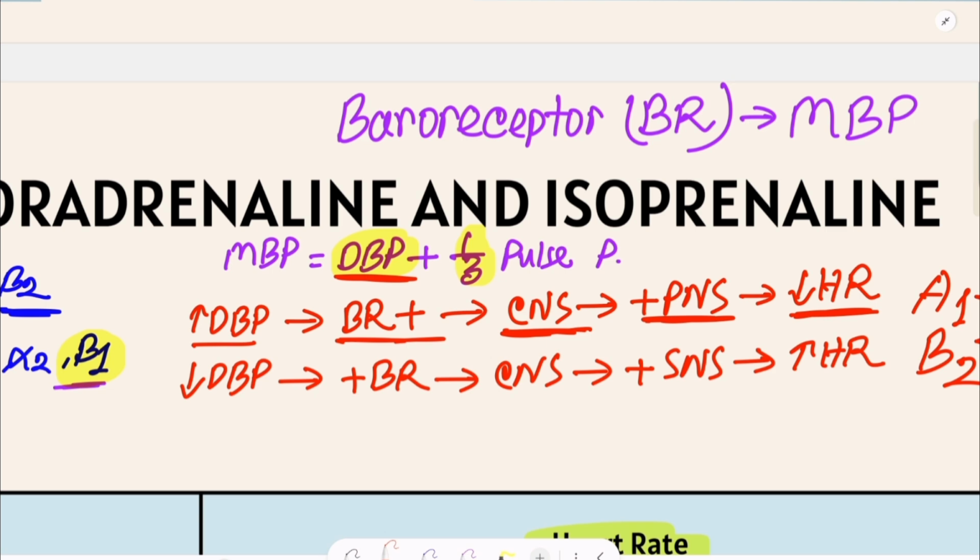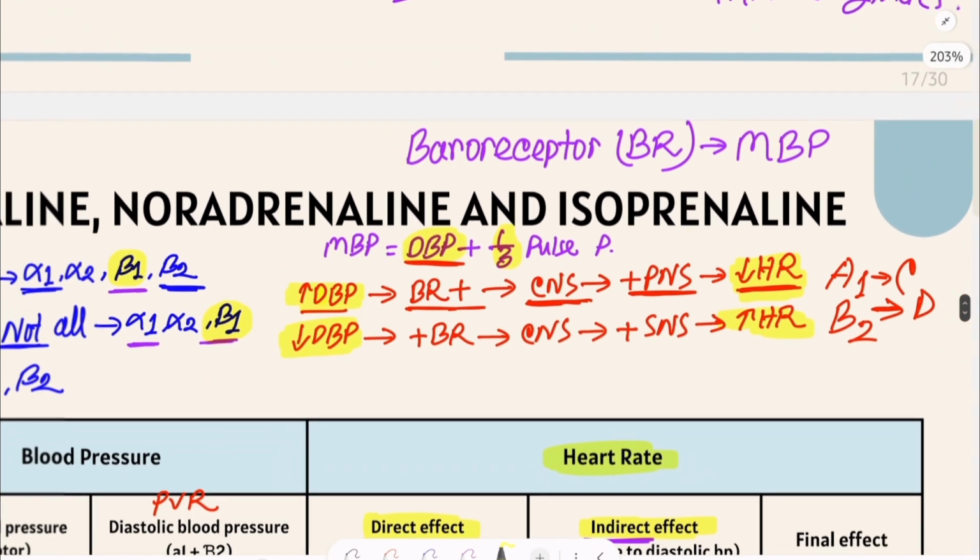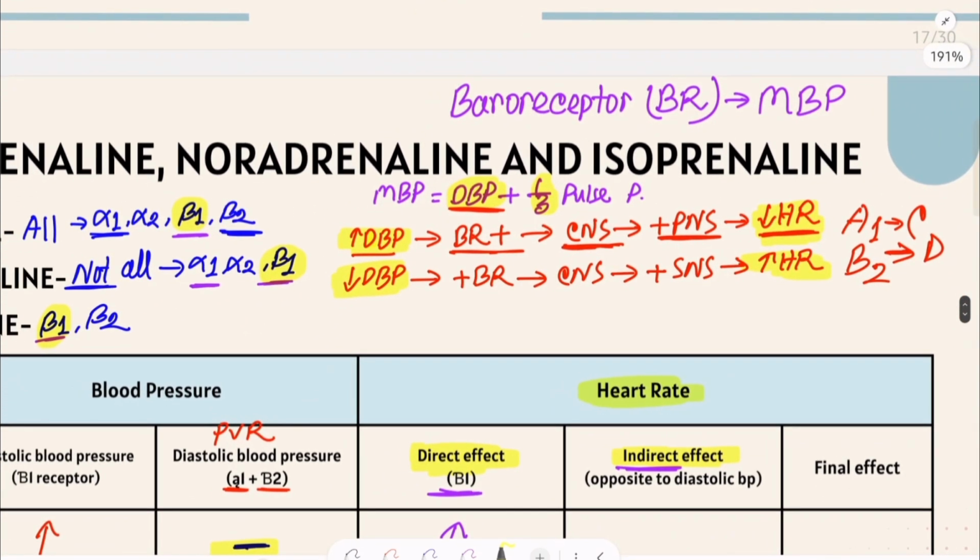So if you see carefully, whenever diastolic blood pressure increases, the heart rate decreases, and whenever the diastolic blood pressure decreases, the heart rate increases. So you can safely remember that the indirect effect on heart rate is opposite to the diastolic blood pressure. If diastolic blood pressure reduces, heart rate increases, and if diastolic blood pressure increases, the heart rate decreases.